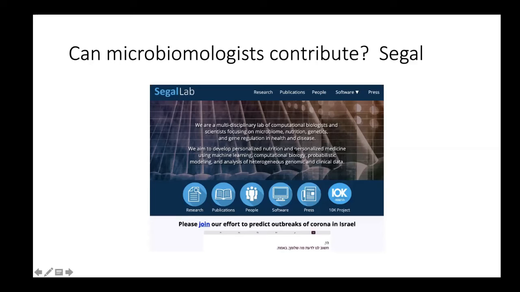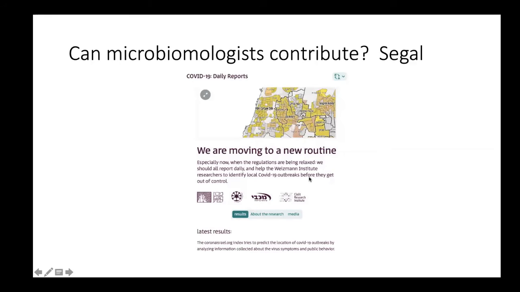So in Israel, they have implemented a daily reporting system for everyone where you can report symptoms, and they use this to detect local outbreaks. This is very well published now, and an interesting way of using your capacity, I think.